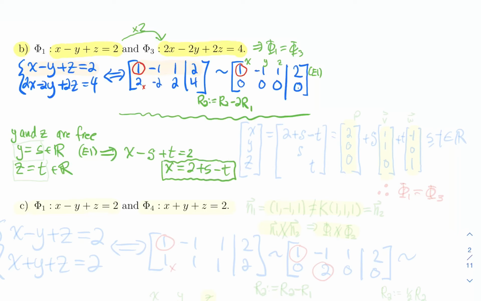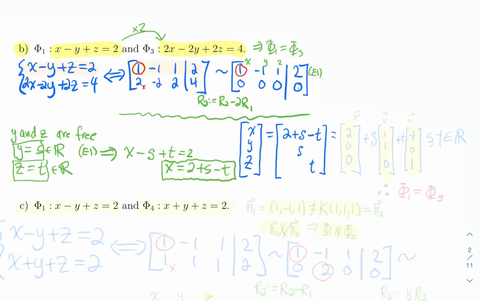We have an equation for y, and we have an equation for z. So when you bring everything together, you get x, y, z, and here I want the canonical form. So x is 2 plus s minus t, y is s, and z is t.